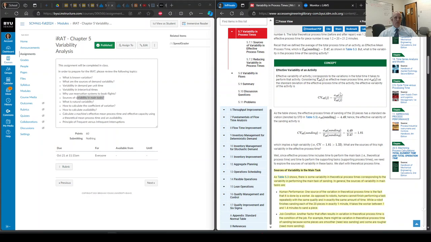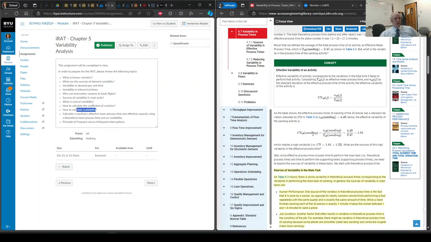That same formula can be found here too. In effective variability, the coefficient of variation is the standard deviation divided by the mean, the effective mean process time. And this is the standard deviation of the effective process time of the activity. That is the coefficient of variation. So standard deviation divided by the mean.